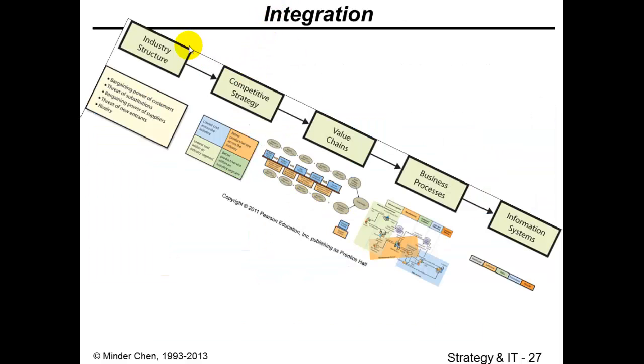So to summarize what we have discussed, through Porter's five-force model, we can analyze the industry structures and how we may compete. And there are three competing strategies: low cost, differentiation, and focus. And a firm can also analyze its internal business process to identify the primary activities which serve its value chain and the supporting activities that support those primary activities.